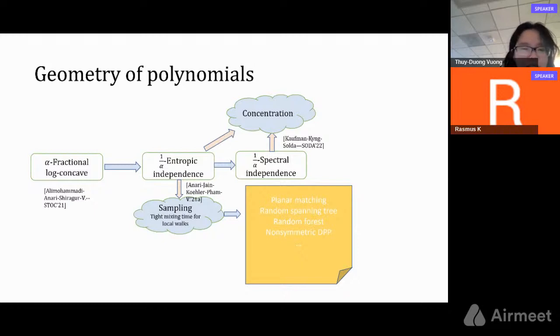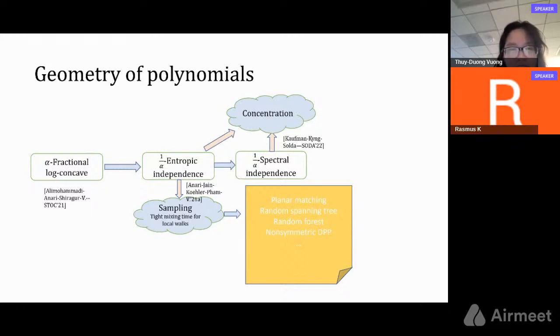So there were some previous notions, like something called fractional log concave, and something called spectral independence. Entropy independence is in between them, and it actually seems to be the useful thing because it can be used to establish entropy contraction, and with that establish mixing time for global dynamics and other random walks.